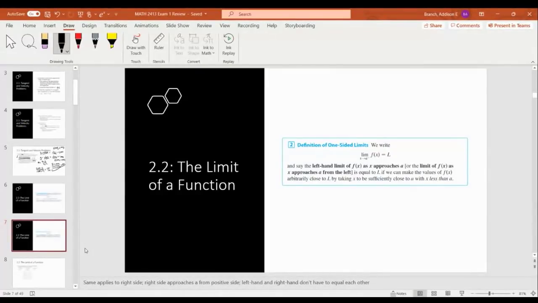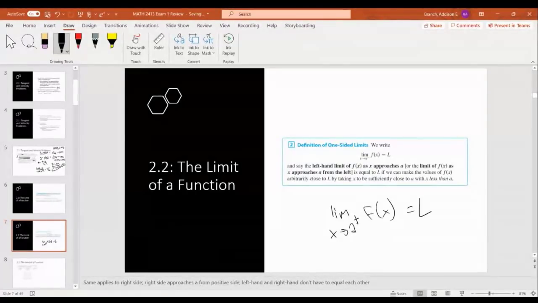So your notation for that, if you're going from the negative side or from the left, you'll say the limit as x approaches a from the left of f of x equals L. But you're only looking at one side. You're not looking at anything to the right. And the same logic will apply vice versa whenever you're looking at x approaches a from the positive. You're only looking at everything to the right of a. You're not looking at anything to the left.